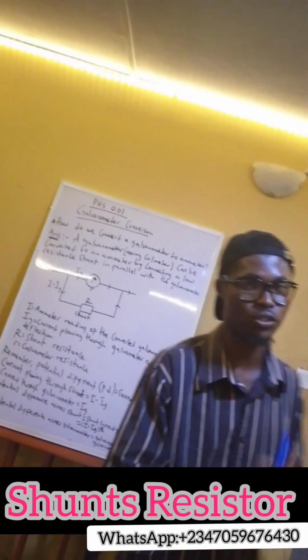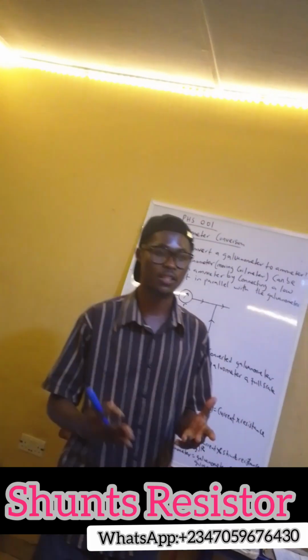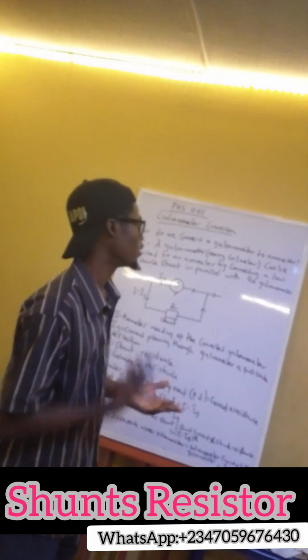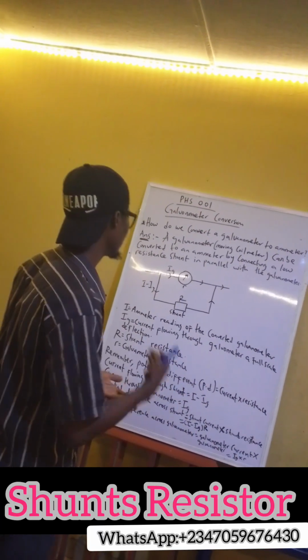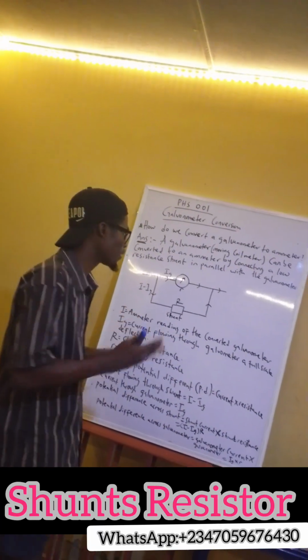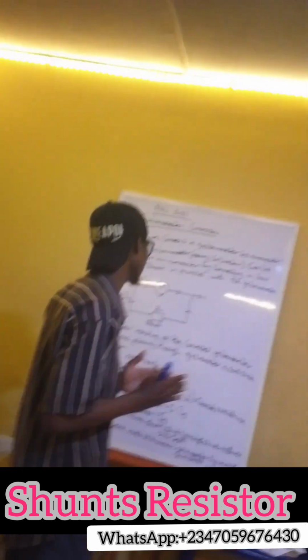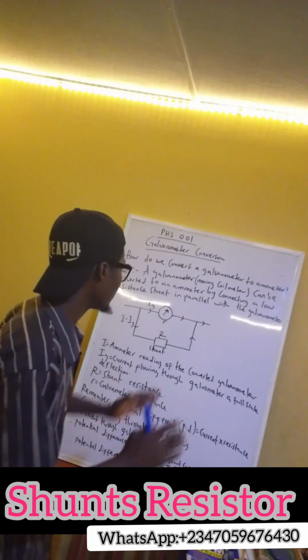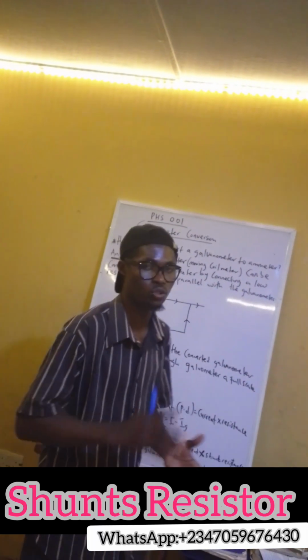Over time this kind of question comes out in your UTME. So in case you have a question on how you convert a galvanometer to an ammeter, it's simply that a galvanometer can be converted to an ammeter by connecting a low resistance shunt in parallel with the galvanometer.